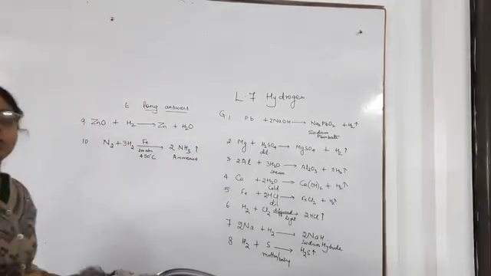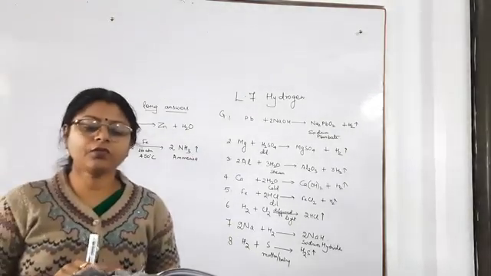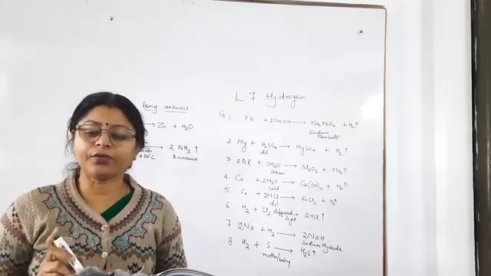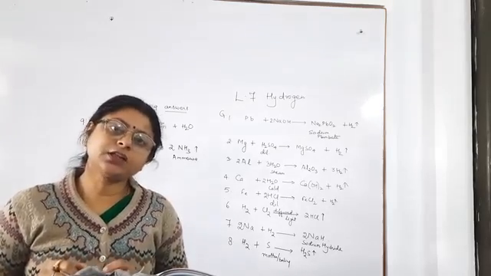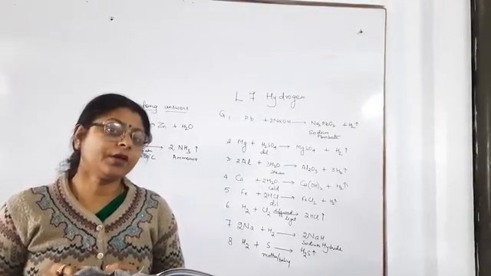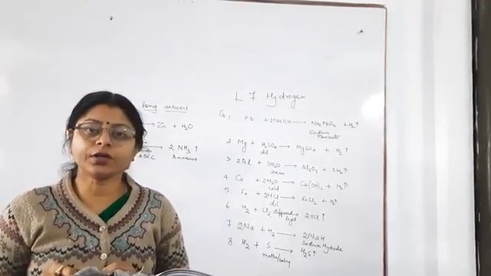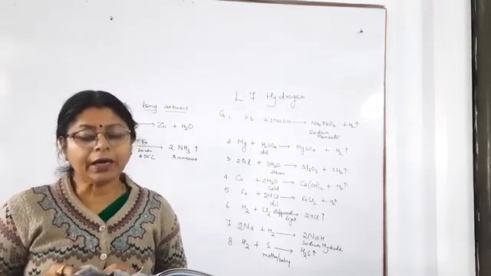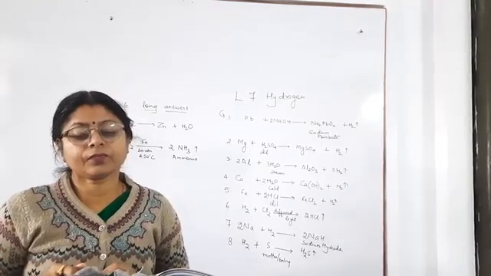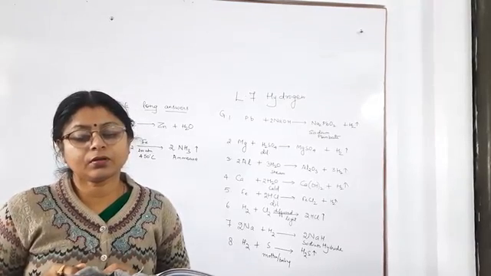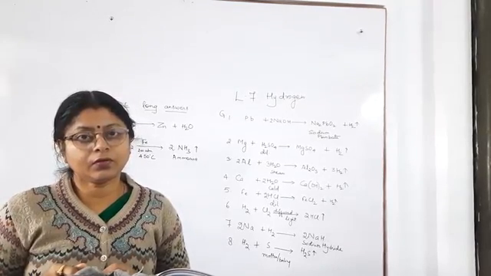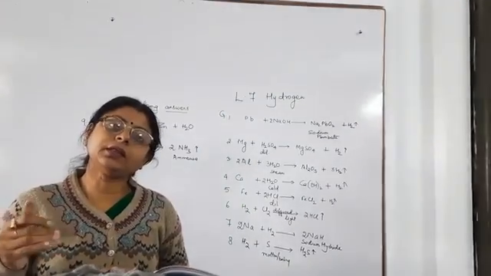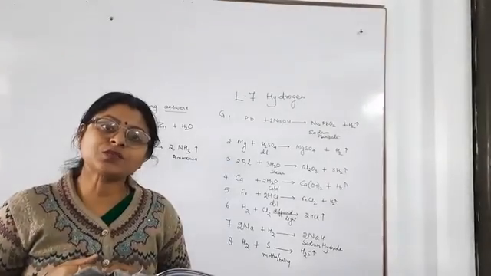Now two challenge questions are given. First, why do we need diffused sunlight for the preparation of hydrogen chloride? It is given on page number 100 where the reaction of hydrogen and chlorine is given. Because if direct sunlight is present, then the reaction will become explosive.